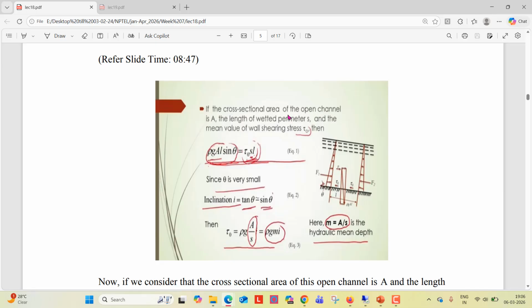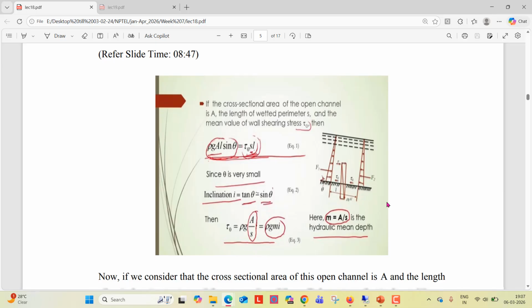We can balance this: the sine theta component of the weight acting in this direction is balanced with the tangential force term, tau 0 S. Here theta is very small, so we can consider tan theta equivalent to sine theta, and define it as I. This is how this expression comes.